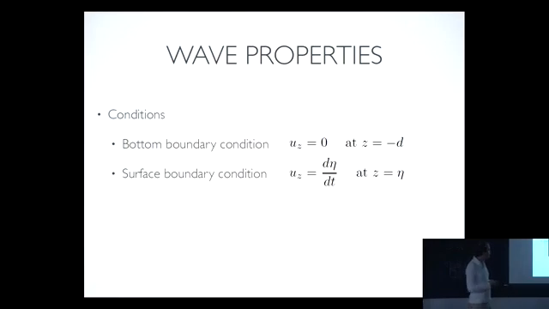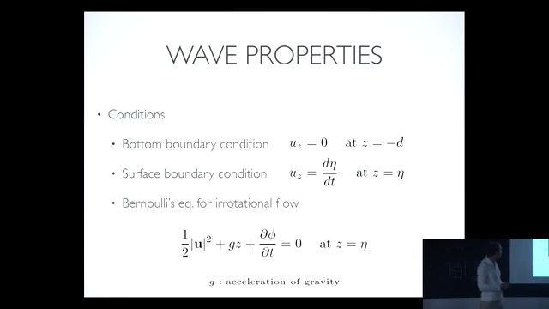We also relate the two unknown functions, the velocity potential phi and the surface displacement eta. And we use Bernoulli's equation for that, for irrotational flow, and that is essentially energy conservation. Here g is the acceleration of gravity.